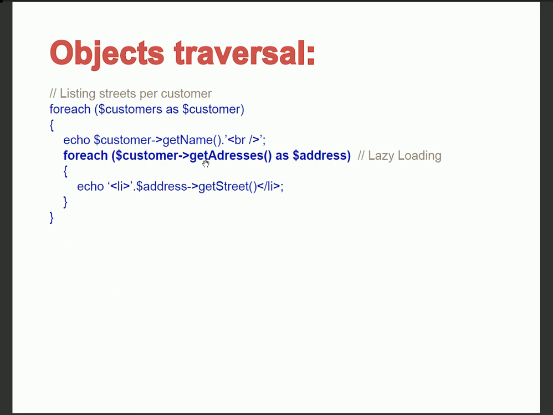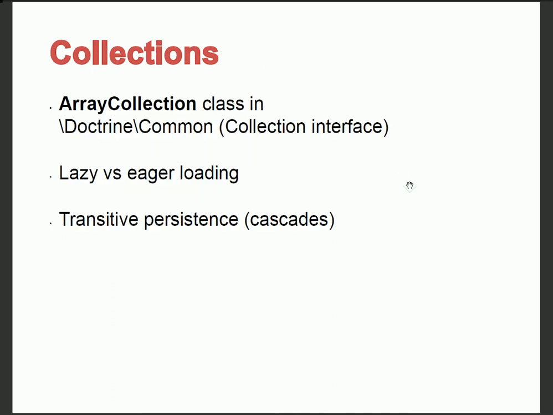You get back a collection of addresses, each address is another object, and you could render that in any way you want to. If you only call those addresses when you need them, that's called lazy loading.